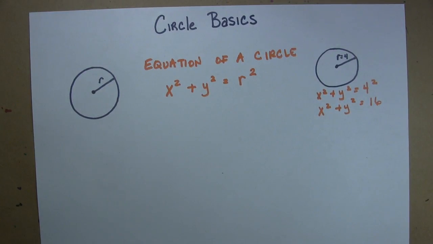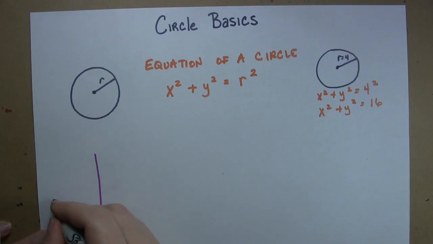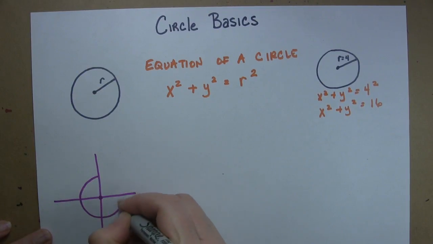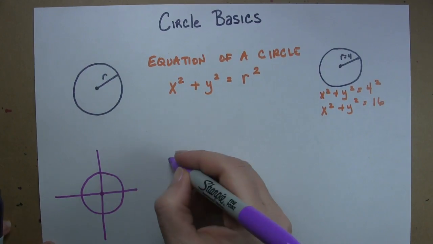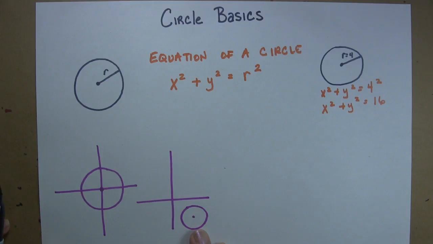Yes, it is. Okay, it does get a little bit more complicated because if your circle is not right here where the center is the origin, then we have to move it, right? And so if we're moving our circle, let's say we want to draw a circle down here instead, then we need to adjust our equation.